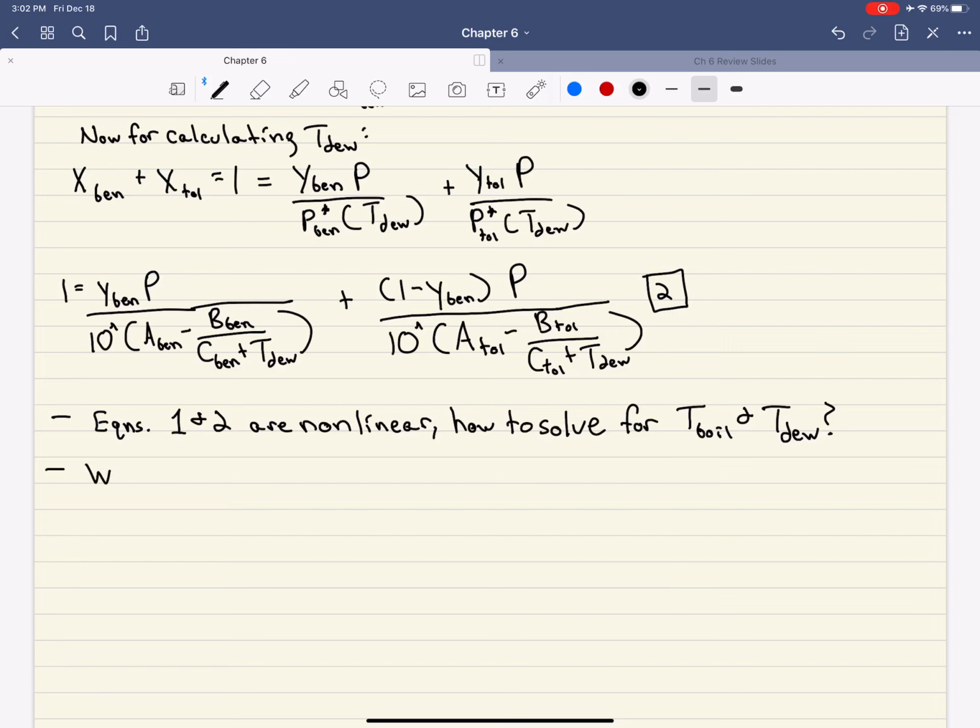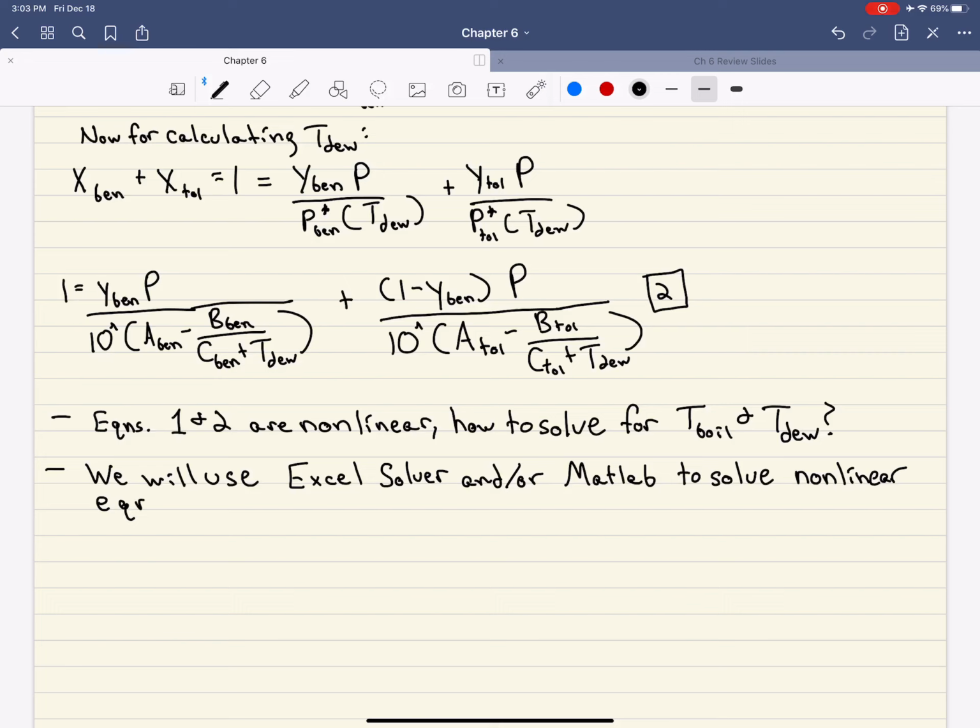Well, in this course, we're going to use Excel Solver and/or MATLAB to solve these nonlinear equations. Okay? So that's going to be our tool of choice.